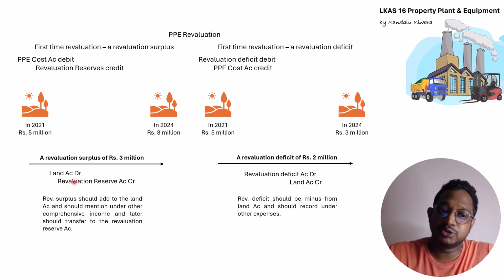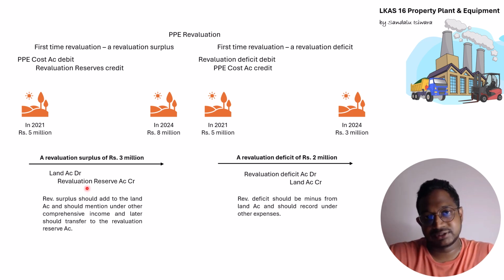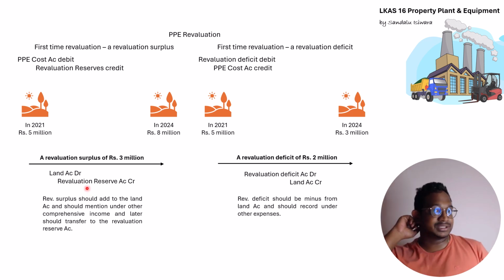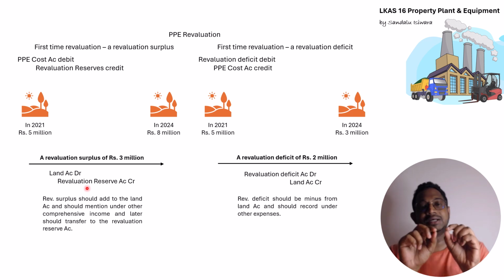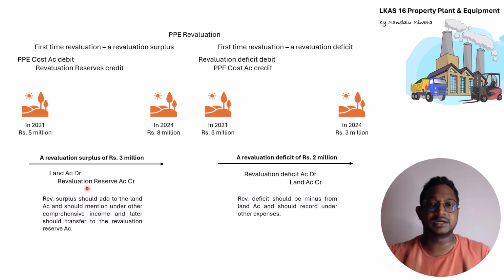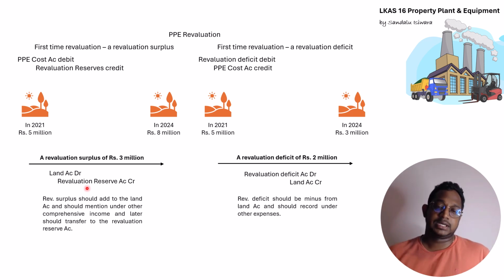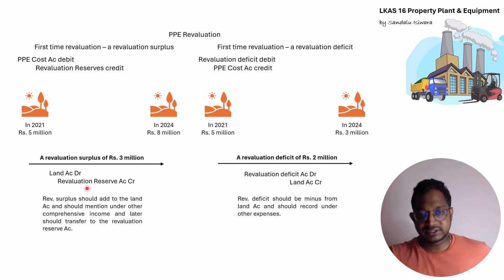That 3 million you should add to the land and credit to the revaluation reserve. But before crediting the revaluation reserve, you should record that under other comprehensive income in the income statement, right? And in the deficit case, in 2021 the land you purchased for 5 million, but today's value is 3 million.